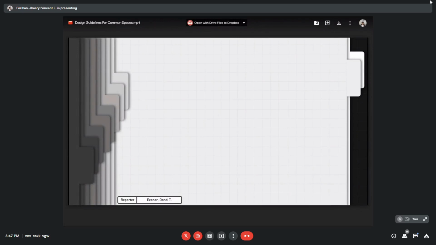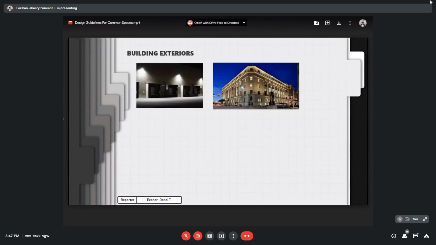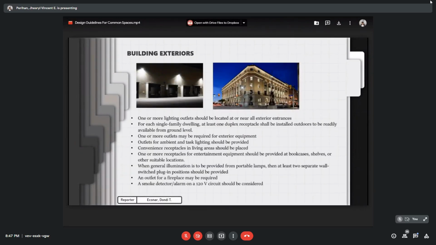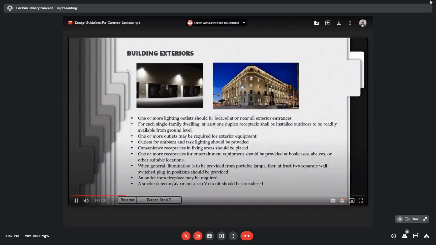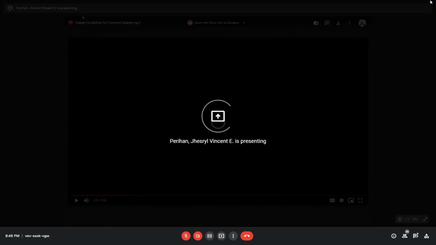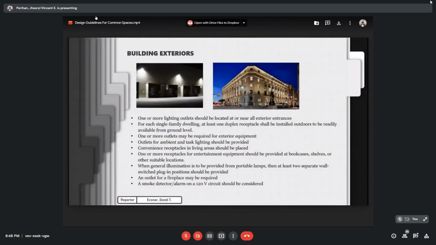Next area is on building exteriors. One should be located at or near all exterior entrances.